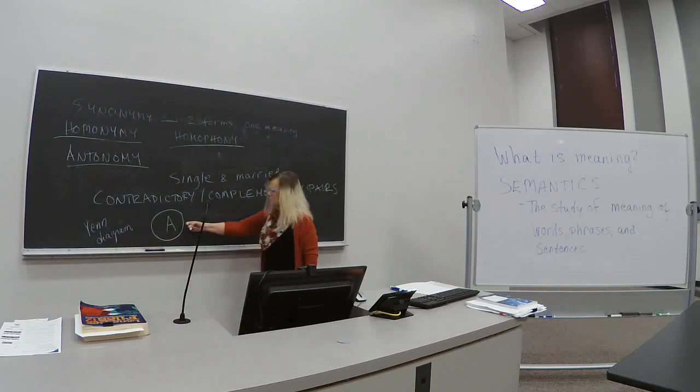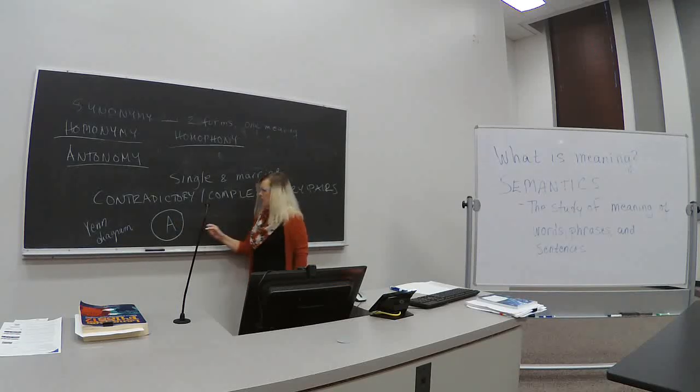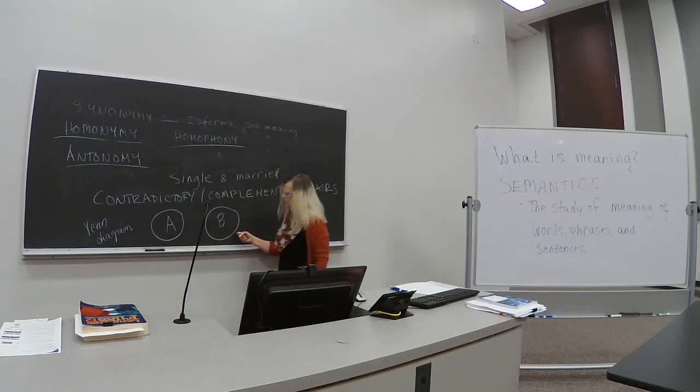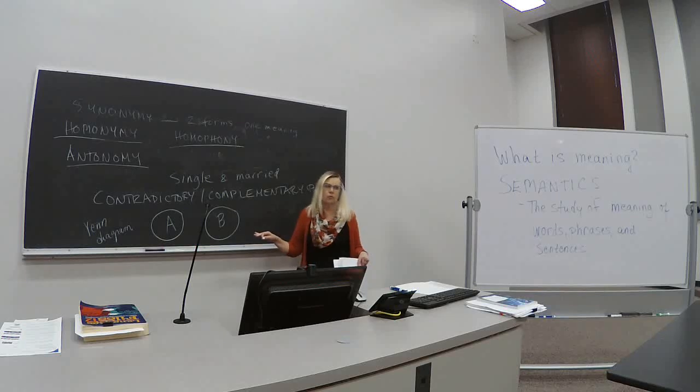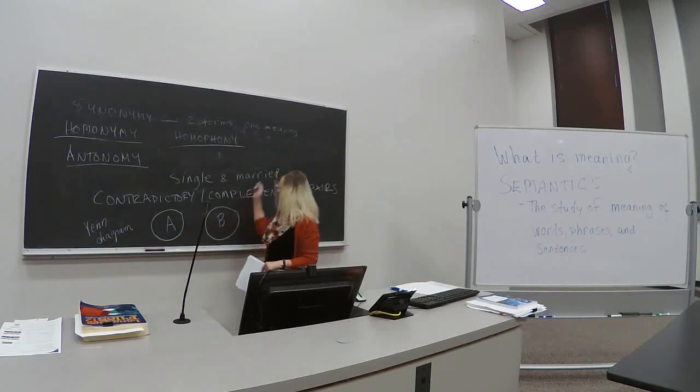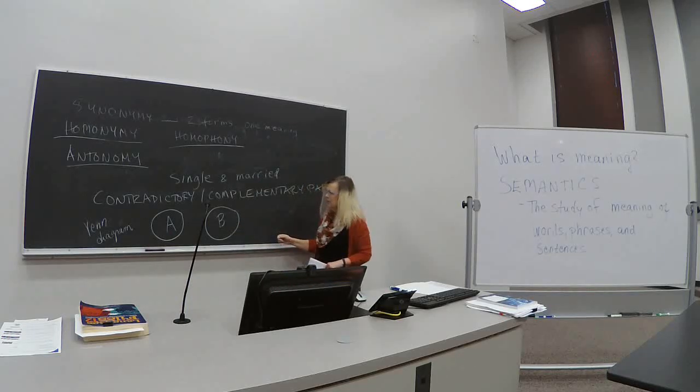So we have all the single people of the world in this category, and then we have all the married people in the other category, category B. These circles in the Venn diagram cannot overlap, okay? So everyone is either single or married. Divorced people would go to which category? Single. And widowed people would be single.